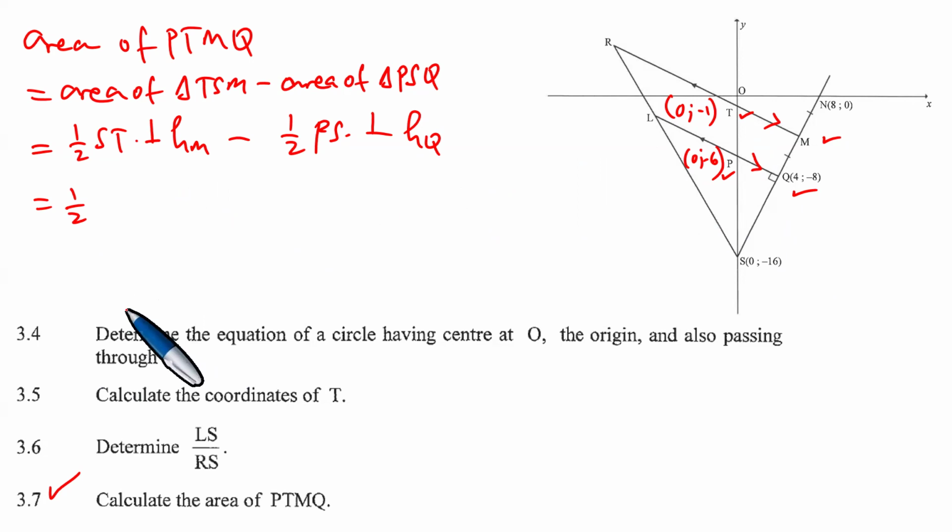So the ST, what is the distance between S and T? -16 and -1, the distance is 15. Can you imagine 16 minus 1 is 15. So ST is 15 units because this is on the vertical axis, on the y-axis.